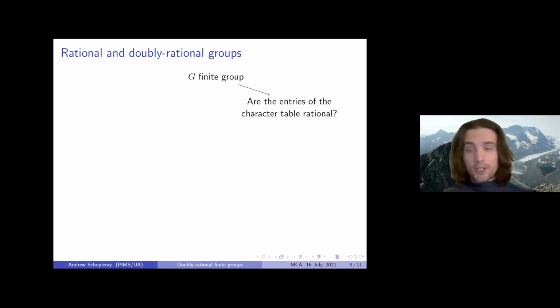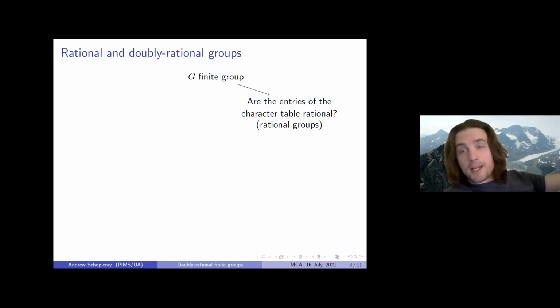And this question is quite old, but it's also quite difficult. One name for these, you might see various names for these groups, but they would call these rational groups. And so that's the word that I'm going to use to describe them. Finite groups whose character tables consist of integers. And again, this is a very difficult problem.